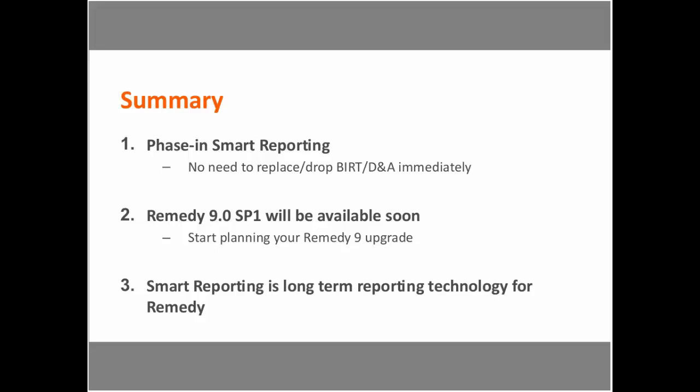If you have seen the Remedy 9 what's new, you would realize that at this moment we are not dropping BOT and DNA. So if you are upgrading from 8.x or 7.x to 9.0, at the time of upgrade you can continue to use your existing reporting options, and over a period of time you can move to smart reporting. You can start phasing in your new reporting requests or new groups using smart reporting.